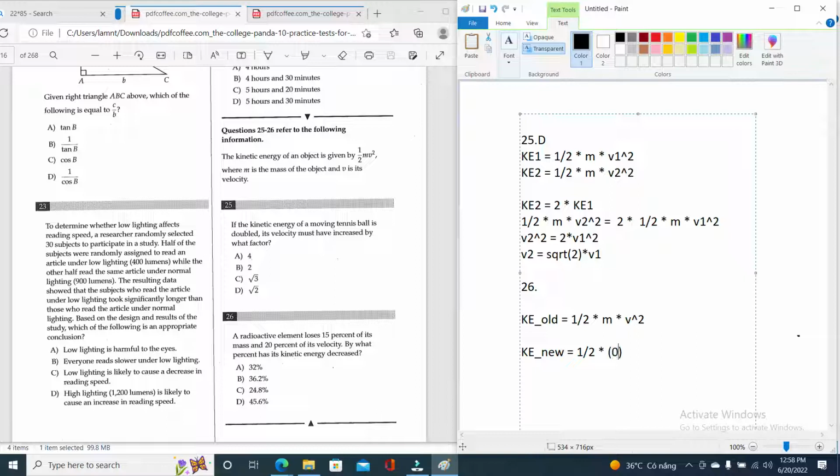So it's 0.85 m, right? And 20% of velocity, so only 80% of it, 0.8 v, and this is squared.